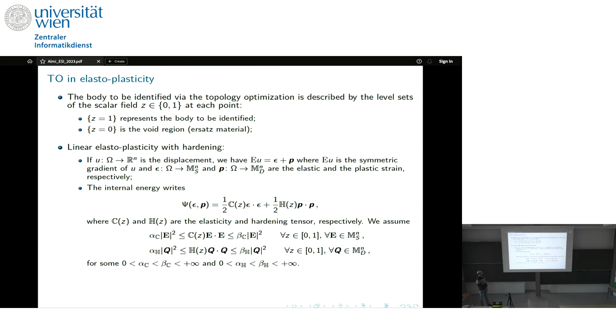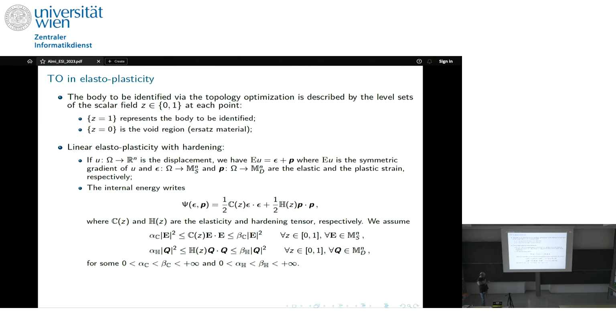And as I said, here there is the hypothesis of this ersatz material. So you're basically saying that C and H are positive definite and uniformly far away from 0. Here we are already preparing the phase field modeling, so this holds for every z in the interval [0,1]. Even if you are in the void region, you're not singular, so these two quantities are positive.